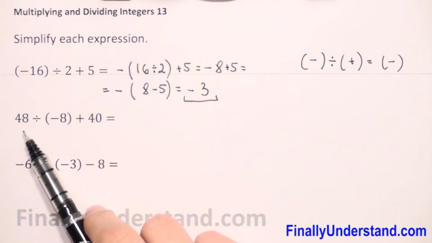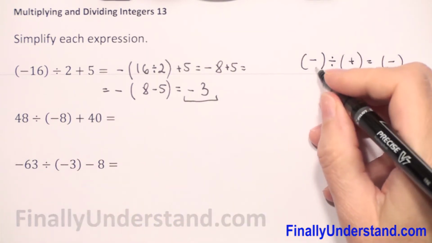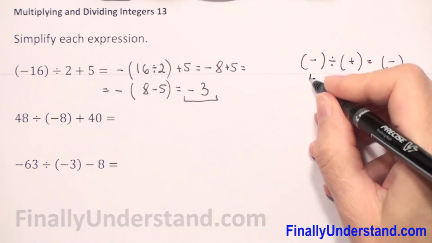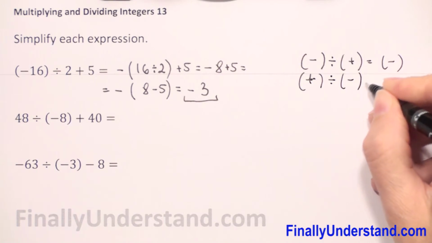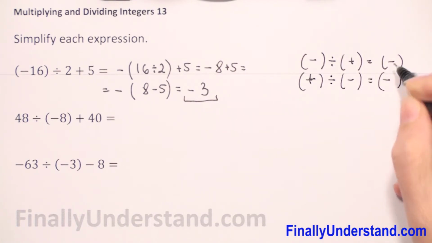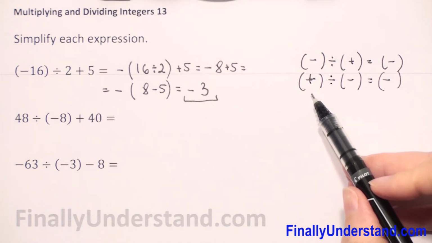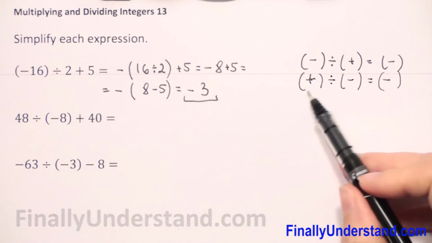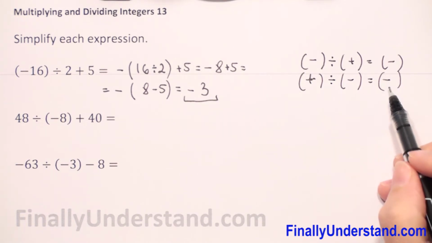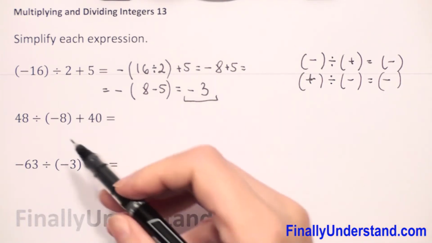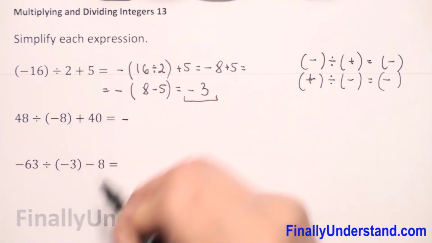When we divide a positive number by a negative or a negative by a positive, the answer is negative. It is the same for multiplication. When we multiply two numbers and one of them is negative, or when we divide two numbers and one of them is negative, the answer is negative. So for the division of these first two numbers, the answer will be negative.